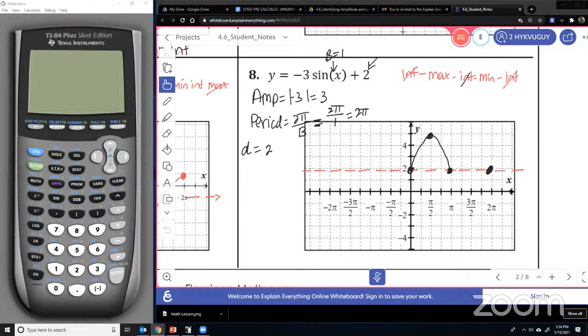At 3 pi over 2, what's my min now? Yahaira, Ana, Diego, what's my new min? Remember, I had to go up 3, so now I have to go down how many spaces? 3.